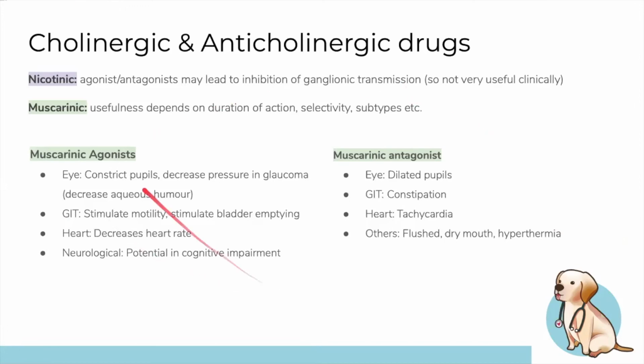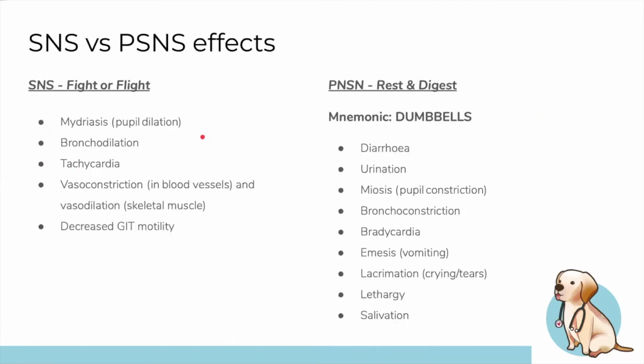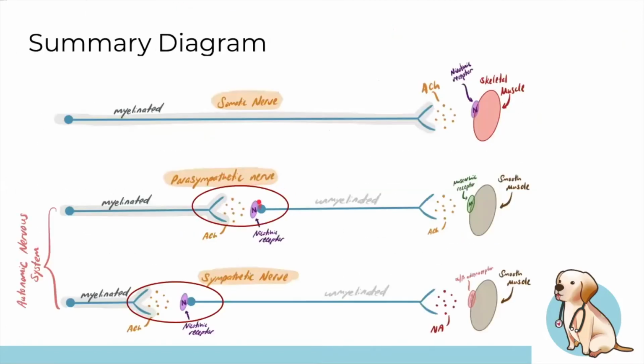So in terms of nicotinic and muscarinic, we usually give muscarinic agonists or antagonists, just because nicotinic receptors, if you remember, if we go back a few slides, are also present at the ganglion. So if you give nicotinic drugs with the purpose of stopping it here, you're also going to affect all of this stuff, which can be rather a riot.